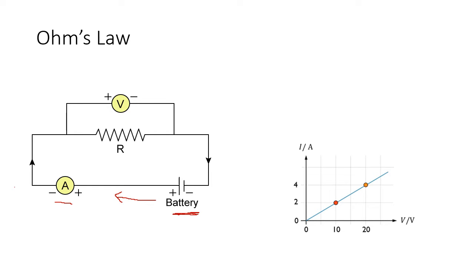Now the electric current is flowing in the circuit, and as you can see, it is passing through this material given here. Now the battery has got a potential V, and that potential is measured by the voltmeter, which is connected in parallel to this device.